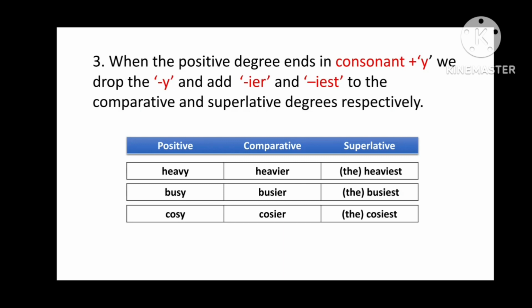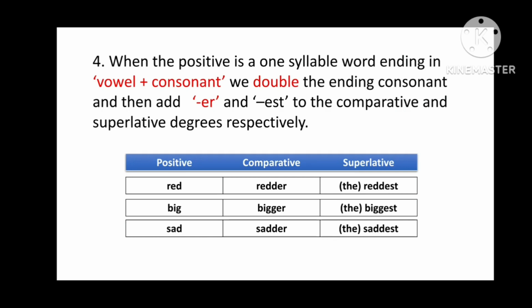Cozy, cozier, the coziest. Next, when the positive is a one-syllable word ending in vowel plus consonant, we double the ending consonant and add ER to the comparative degree and EST to the superlative degree. For example, red is a small word ending with consonant D, and before D there is vowel E. Hence, in the comparative degree, we will double the consonant D and we will add er, so it will become redder.